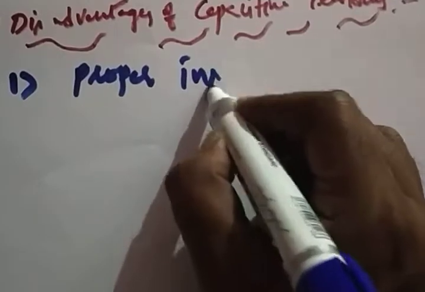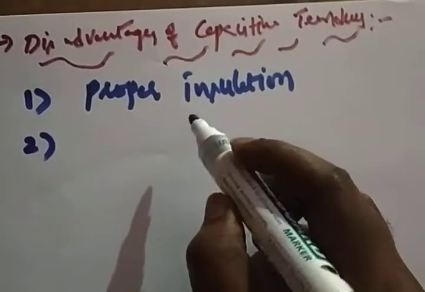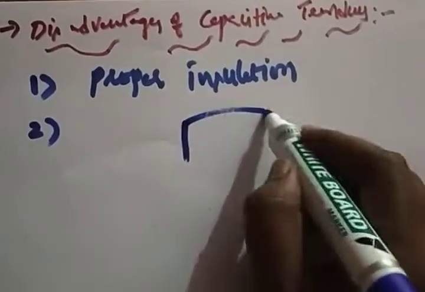Proper insulation. Between the plates we should provide proper insulation, otherwise definitely there will be damage between the two plates. That is the first disadvantage.